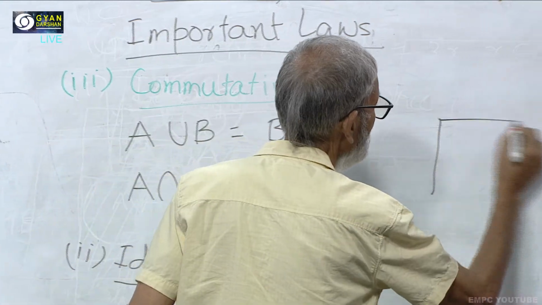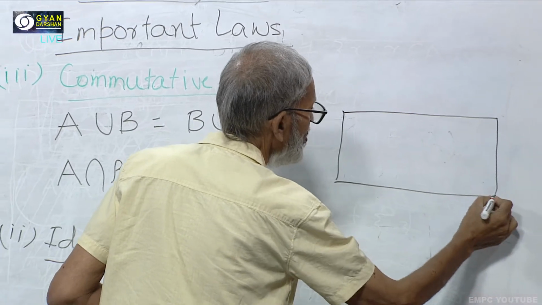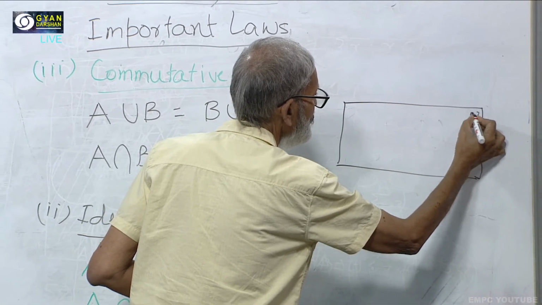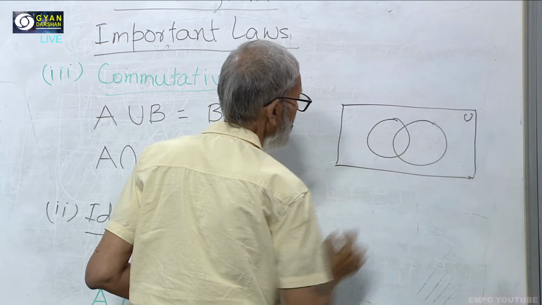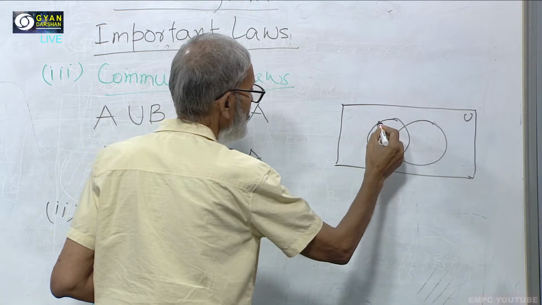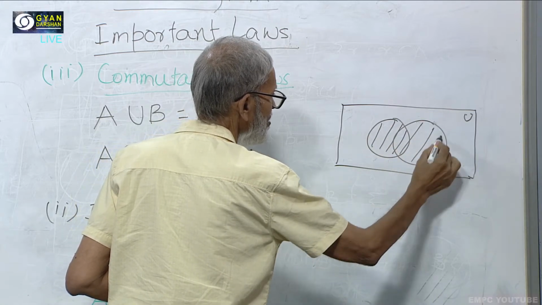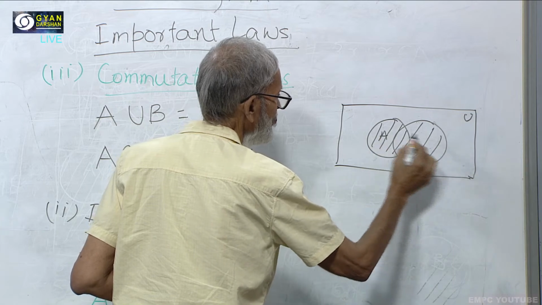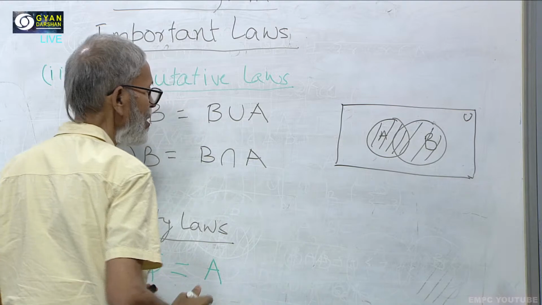Say Venn diagram, this is A, this is B. So, A union B is this complete shaded region, and B union A will be the same thing.